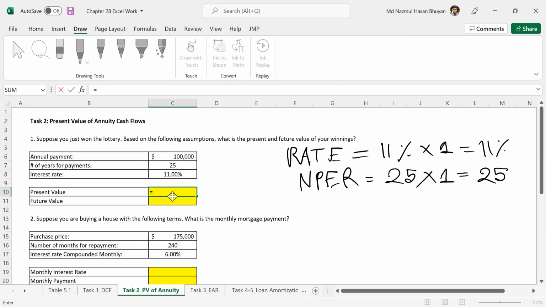So PV, rate, this is our periodic rate, and then NPAR, then PMT. We don't have any future value. Future value means here lump sum amount. We did not pay any one-time lump sum amount, right?